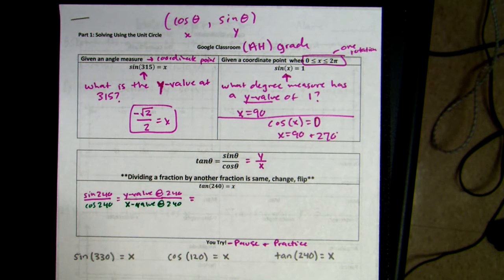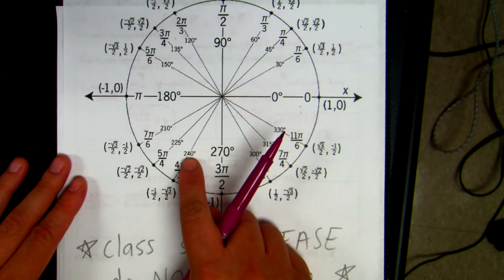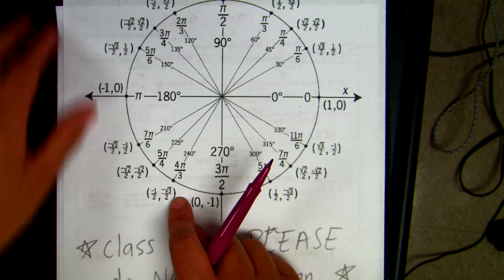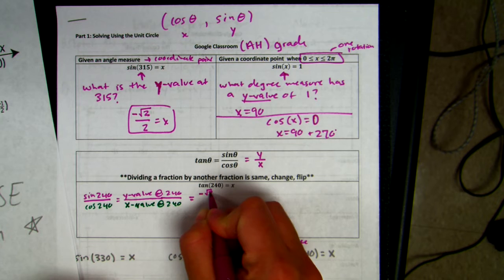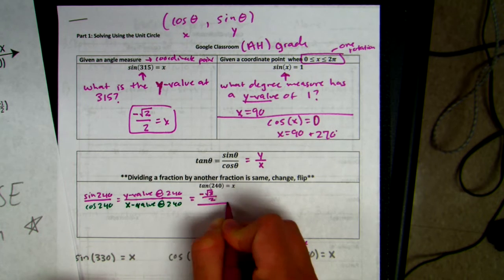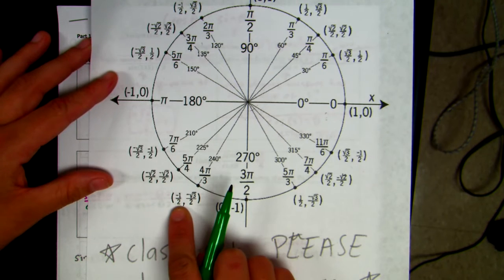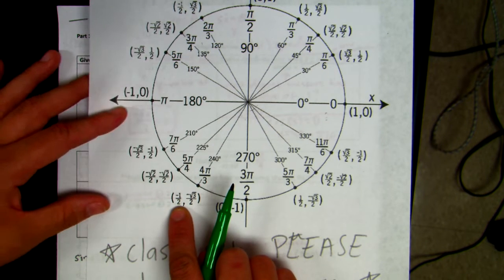I'm going to go around my unit circle till I get to 240. My y value at 240 is negative square root of 3 over 2. That's my y value at 240. My x value at 240 is negative 1 over 2.